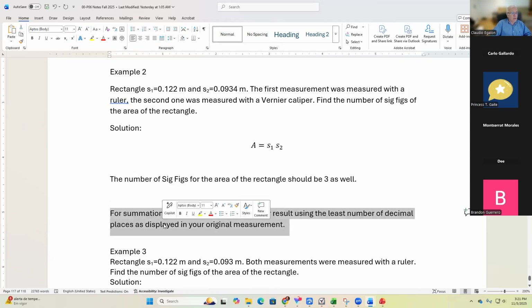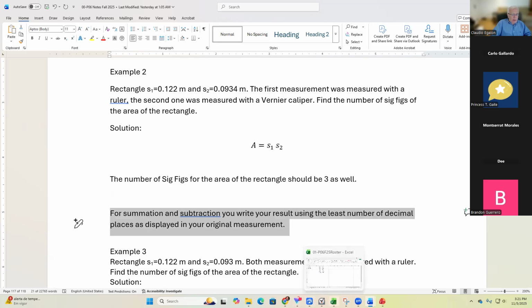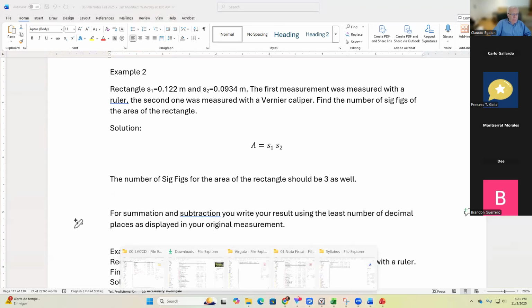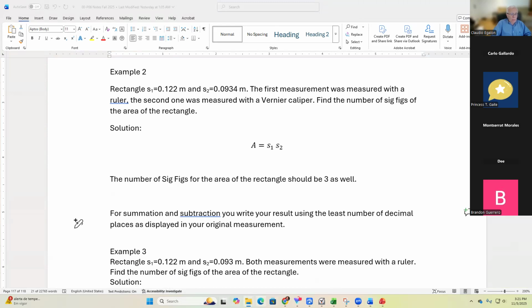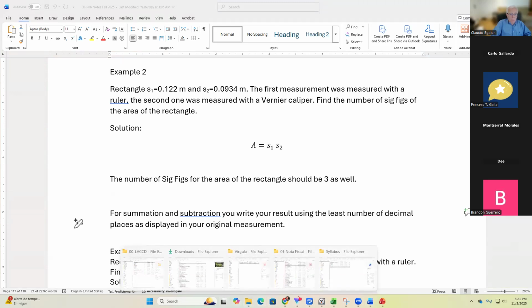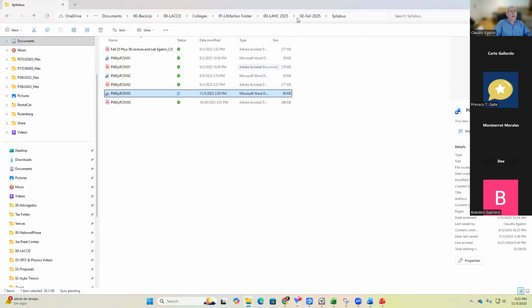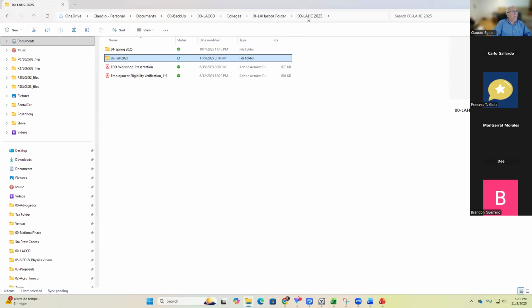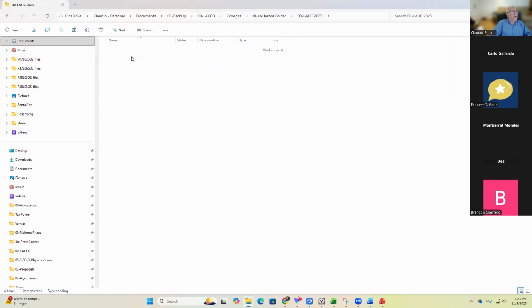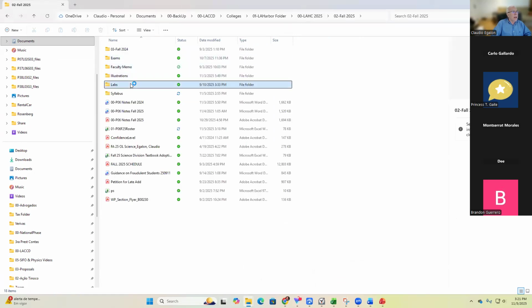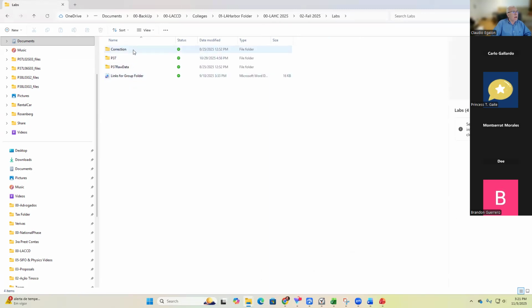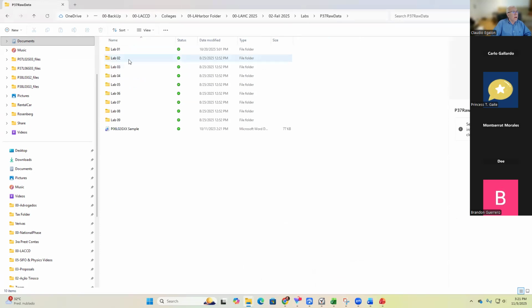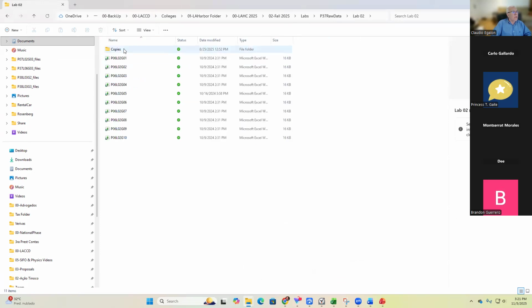And you are going to use this rule in your spreadsheet, right? Let's go back to our spreadsheet. Spring labs, raw data, lab number 2.